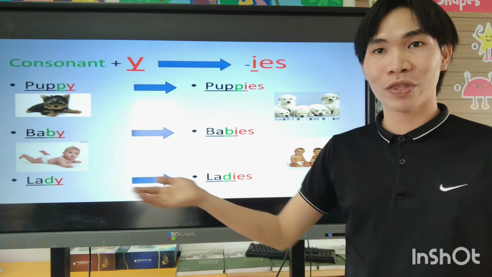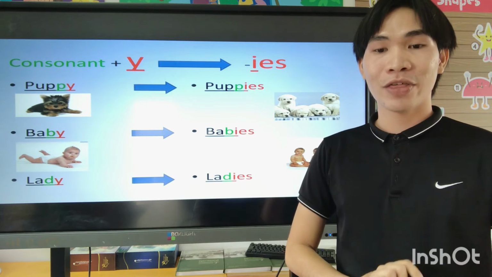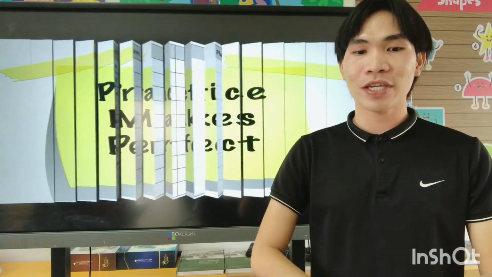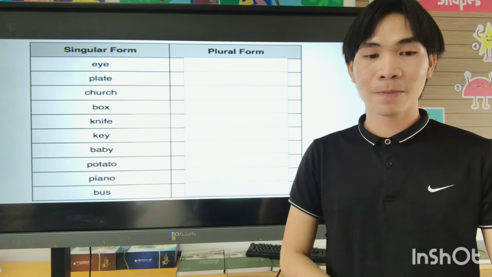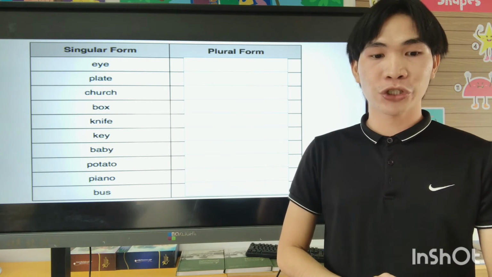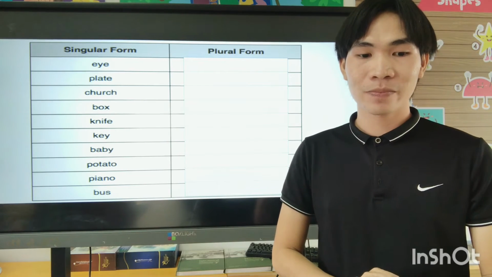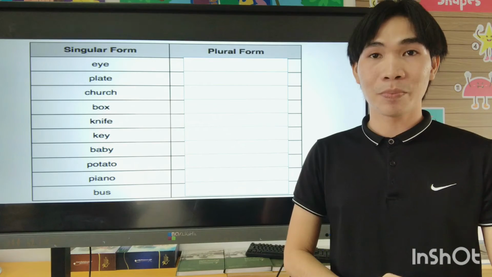The same goes with this word. We change Y to I and add ES. That is the fourth rule. So we have here the words eye, plate, church, box, knife, key, baby, potato, piano, bus.